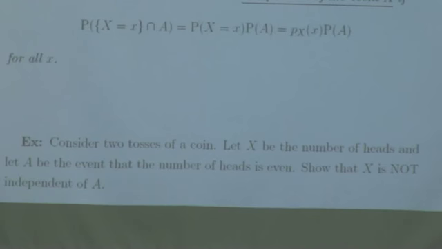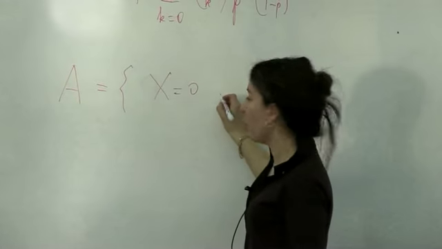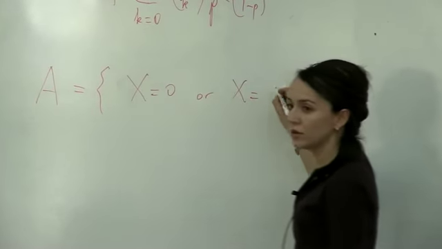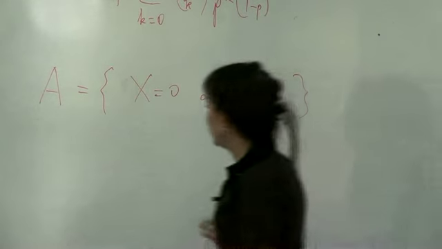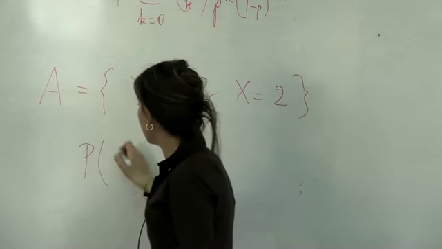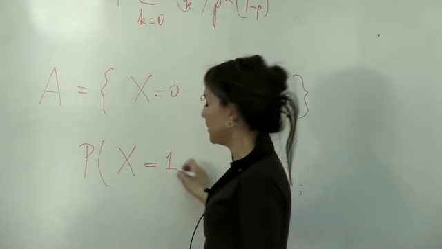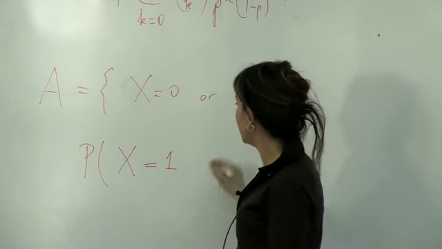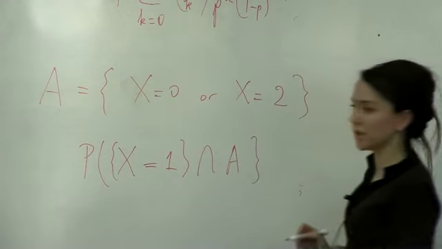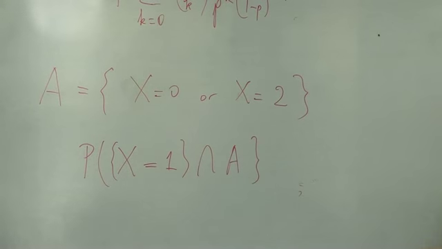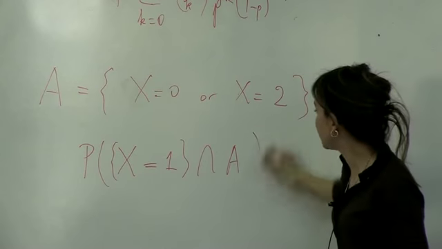So let's write the event A. A is the event that X is either 0 or X is 2. Now, the probability that X is equal to 1 and A is what? Zero.